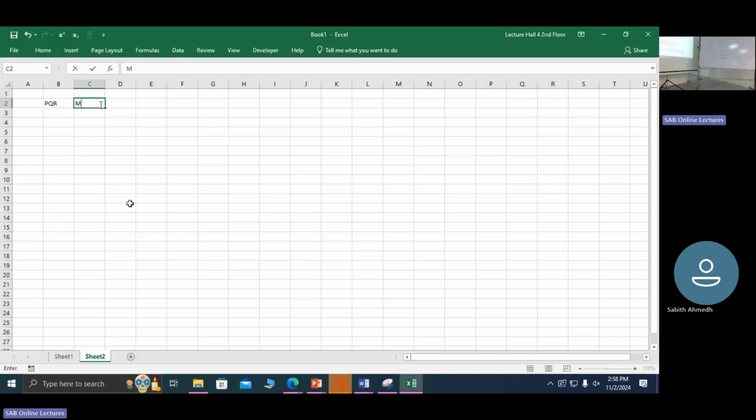Probabilities are given: 0.3, 0.4, 0.3. PQR returns: 32, 15, 30. Market returns: 40, 20, 30.